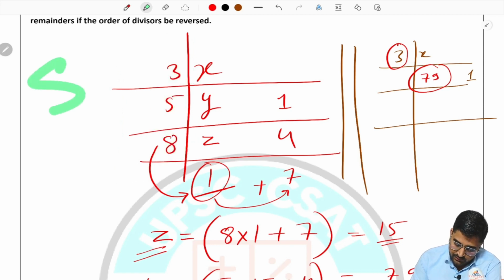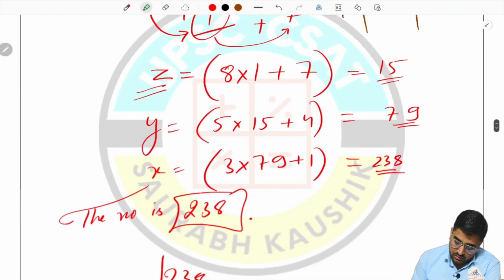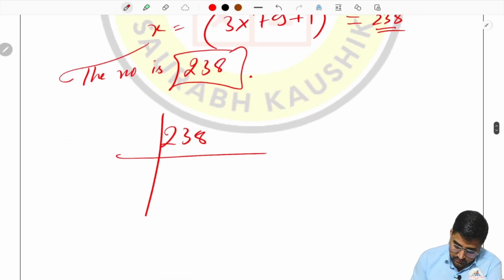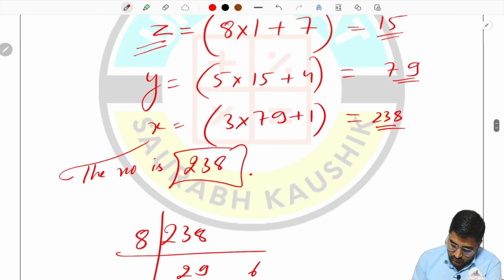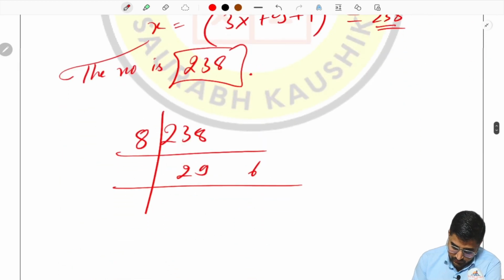Now we will divide it by 8 first, then 5, then 3. We divide by 8 first, and the remainder is 6.